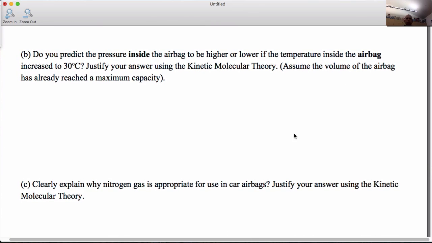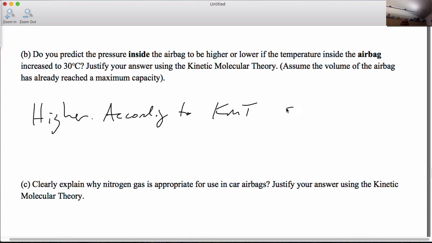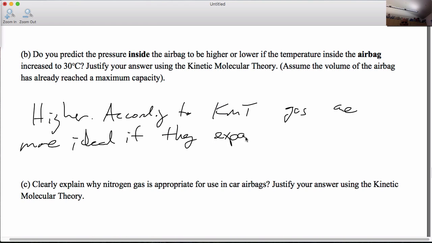Okay. Do you predict the pressure inside the airbag to be higher or lower if the temperature inside the airbag is increased to 30 degrees Celsius? So higher. According to KMT, gases are more ideal if they expand.